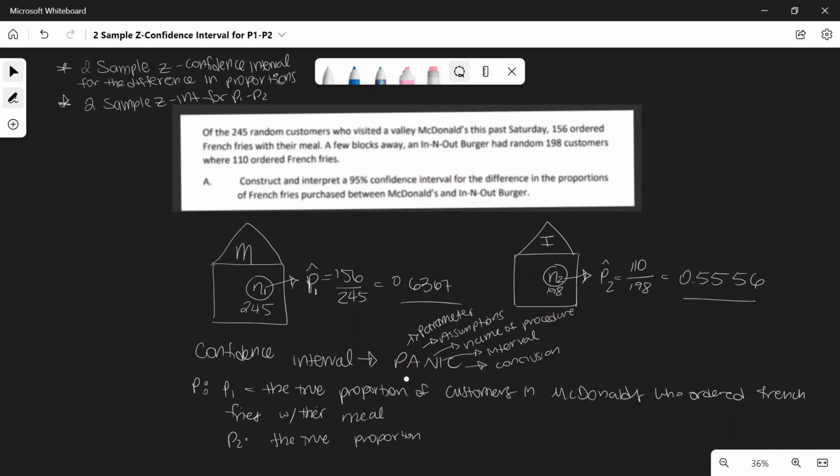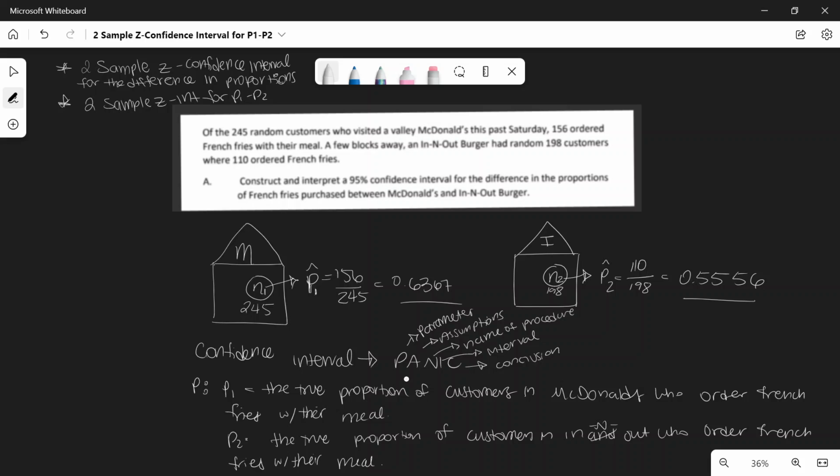The true proportion of customers in In-N-Out who order French fries with their meal. So again, these are the parameters that we're trying to estimate.